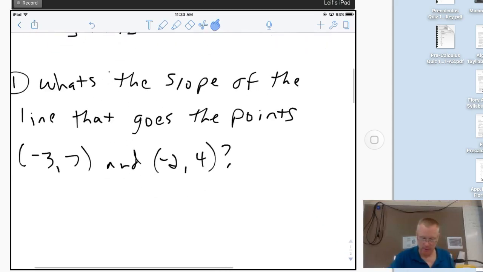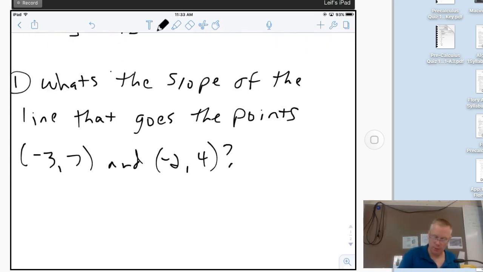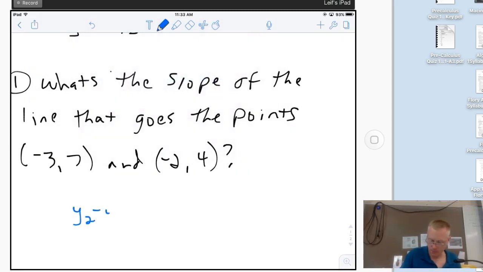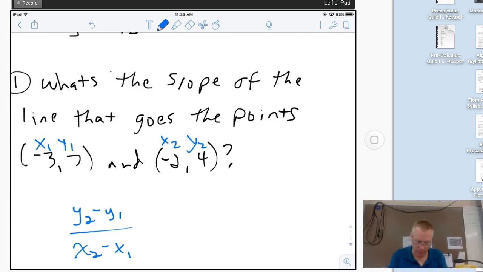I just need the slope, which means I'm going to use the formula y2 minus y1 over x2 minus x1. You pick one point to be x1, y1, either one. I usually just go with the first one. The second one is x2, y2, and then I plug the values in. So y2 is 4, y1 is 7, x2 is -2, and x1 is -3.